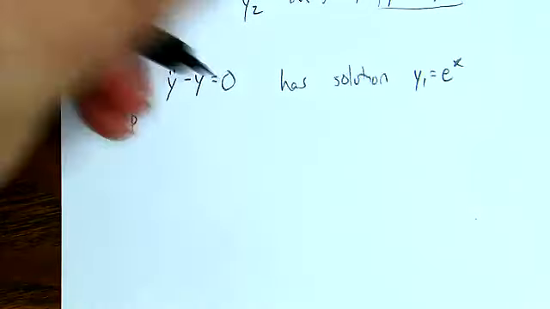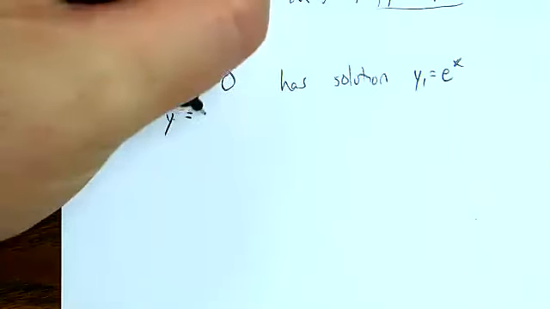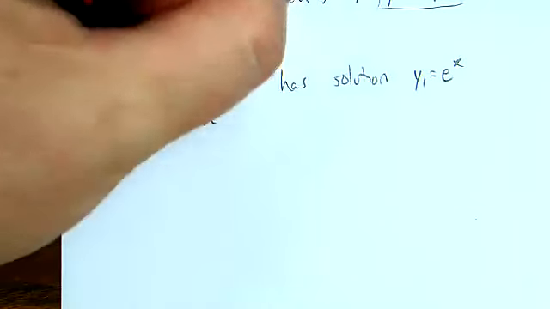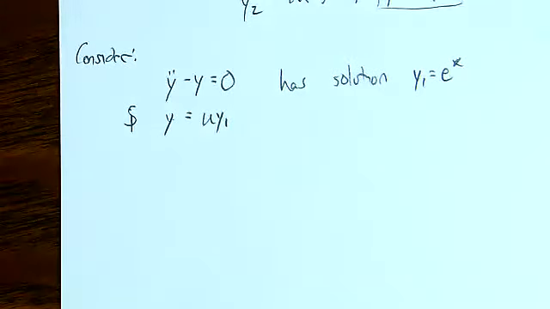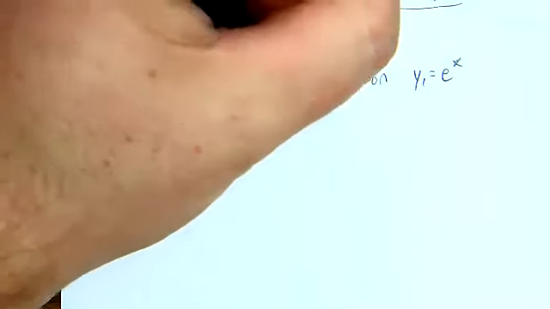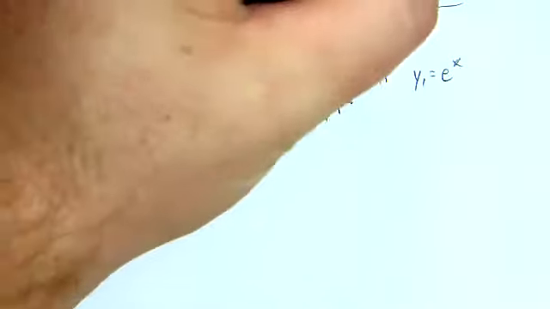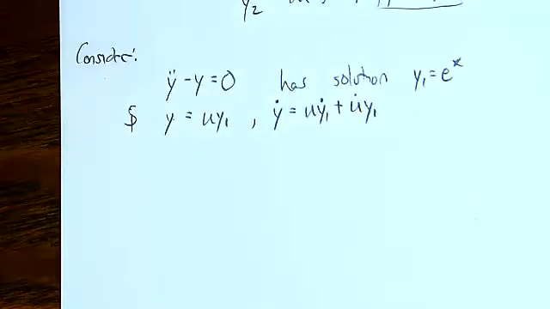So let's suppose that y is equal to some function u times y1. The direct consequence of that is that the derivative of y is u times the derivative of y1 plus the derivative of u times y1.